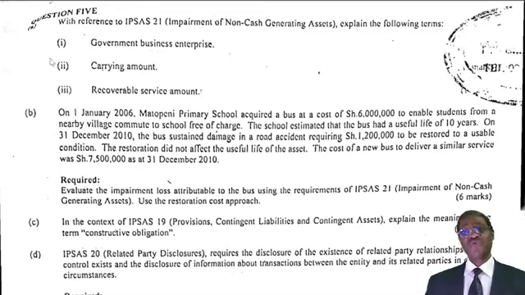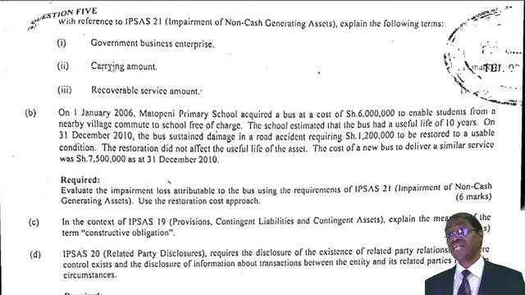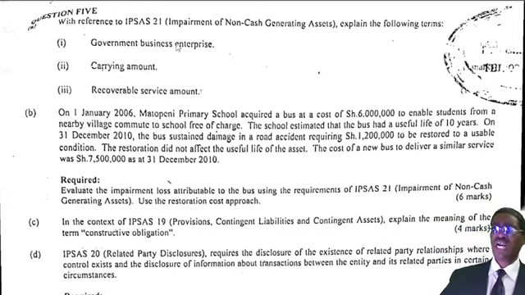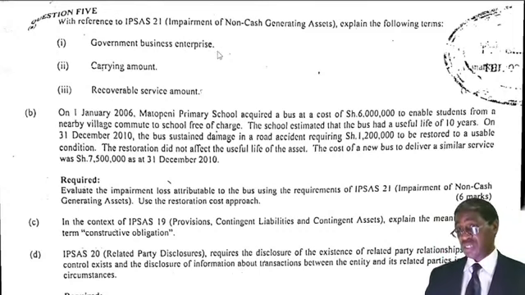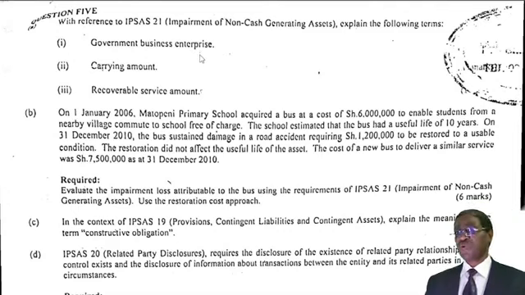So one should say that a government business enterprise is an enterprise that is owned by the government with an aim of making profit. You know there are some parastatals which have enterprises that are run like a normal business. Those are the entities we are calling a government business enterprise. That's where the word business comes in.